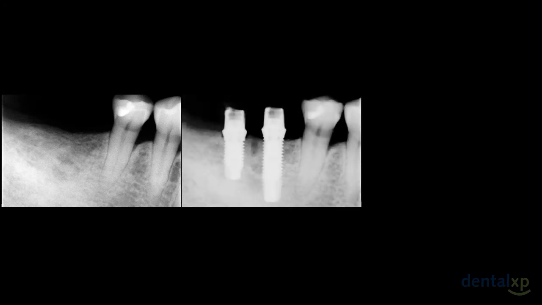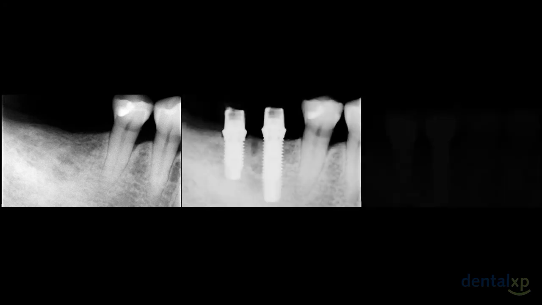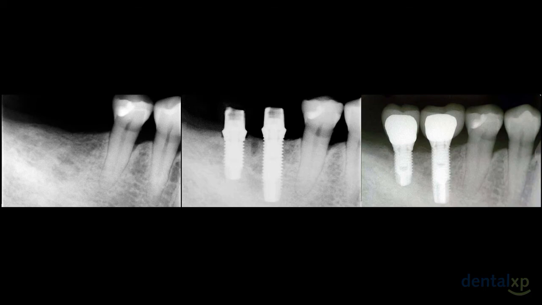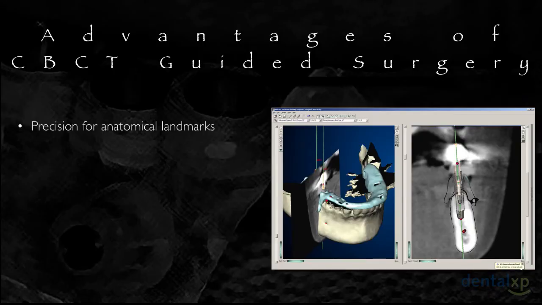This is the radiographic data before, the radiographic at the time of surgery, and the radiograph of the restorations in place and seated. So therefore, when we look at this, there are many advantages of cone beam CTs with guided surgery.